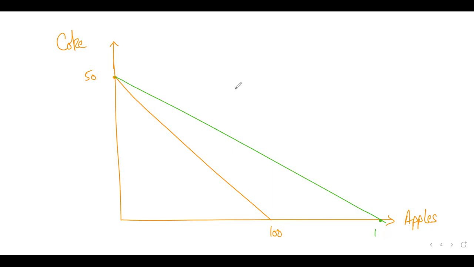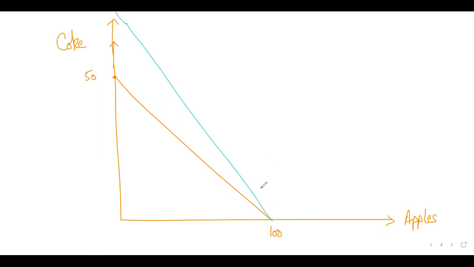If Coke would have been becoming cheaper, your budget line would have shifted somewhat like this. Let me show you. Your budget line would have shifted outwards from only the y-axis because you can buy the same quantities of apples, but you can buy more quantities of Coke, right?